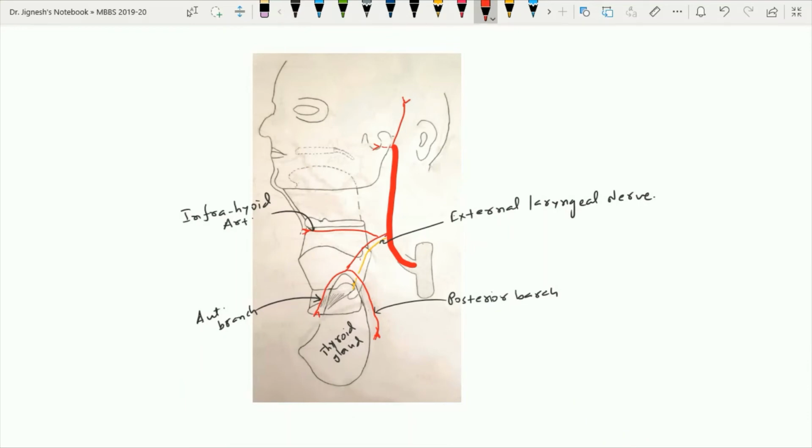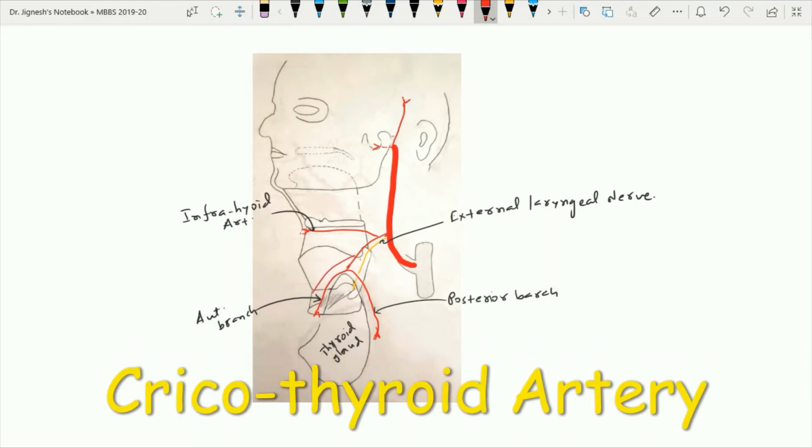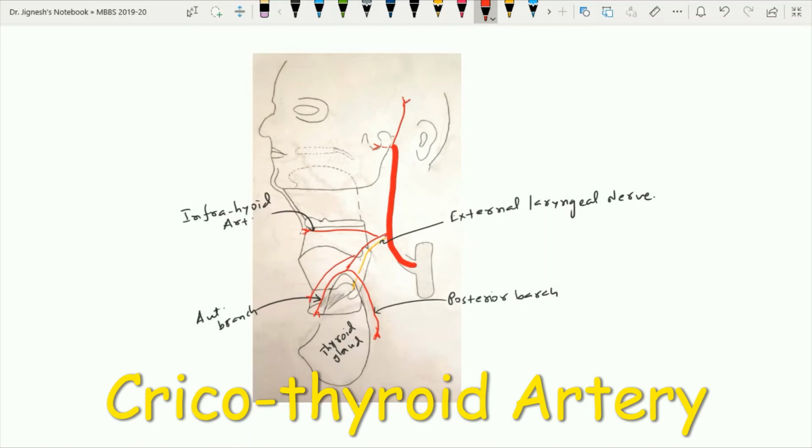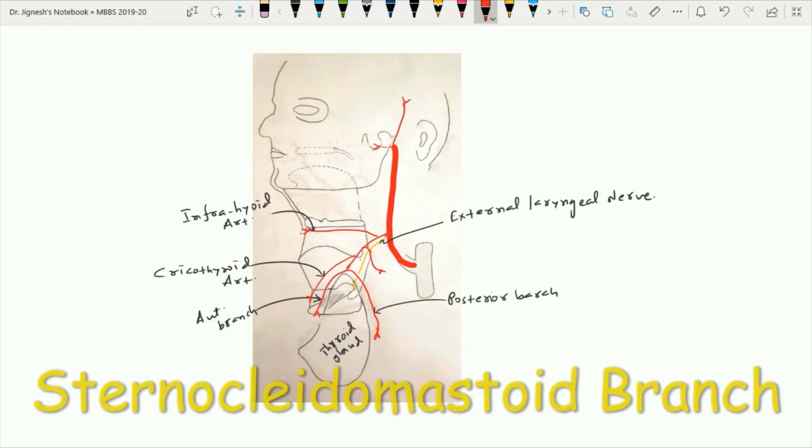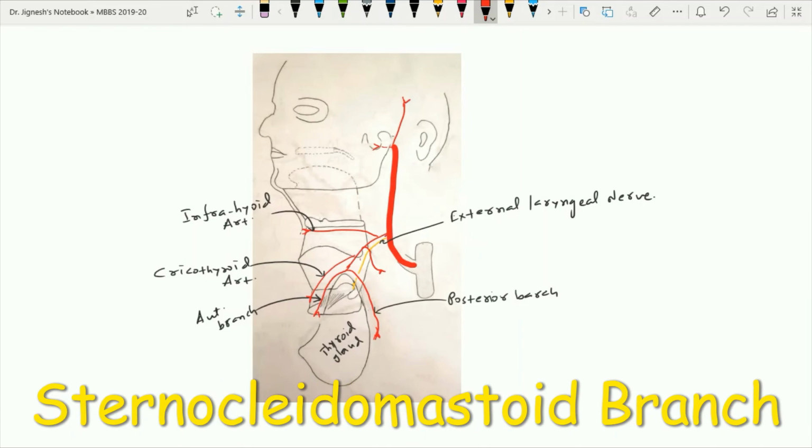Another branch passes downward and reaches the cricothyroid membrane, and this branch is the cricothyroid artery, which is also going to anastomose with the same branch of the opposite side. One branch passes downward and reaches the sternocleidomastoid muscle to supply it, and that branch is called the sternocleidomastoid branch.